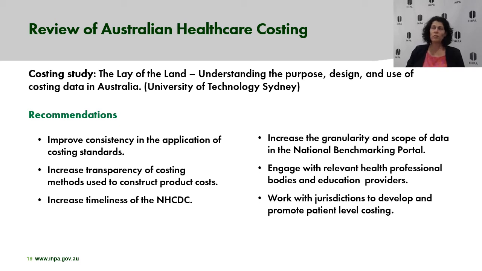Another recommendation was around engaging with health professional bodies and peak bodies, and to promote and educate on cost data collection on the NHCDC and ways that it can be used at the hospital level. And also for IHPA to work with jurisdictions to promote patient level costing.